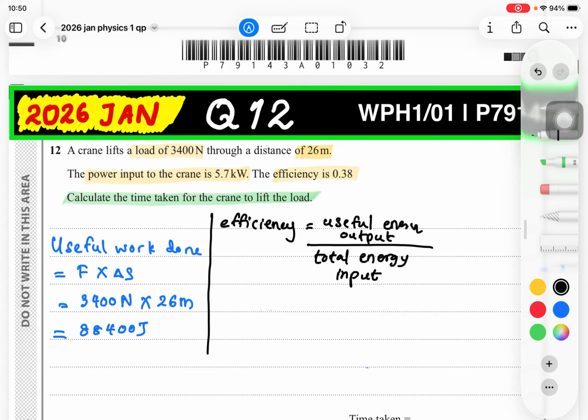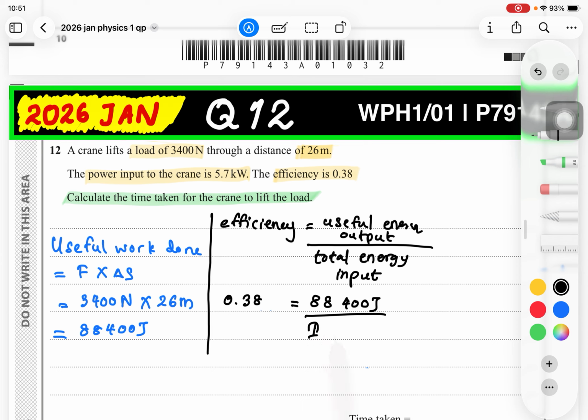If it's a percentage value, you can multiply it by 100, but it's a 0.38 number. So we have efficiency 0.38 equals, this was our useful amount, which is 88,400 joules.